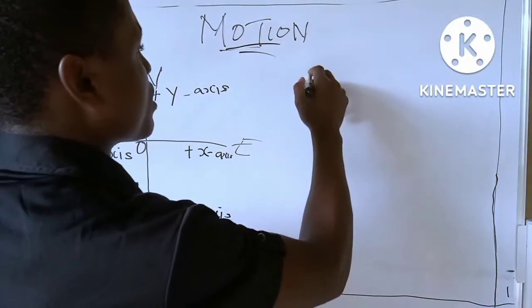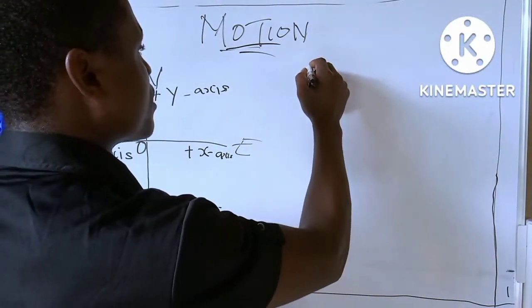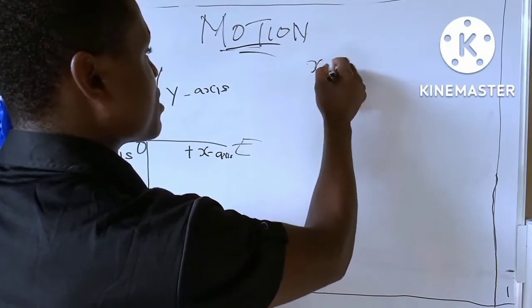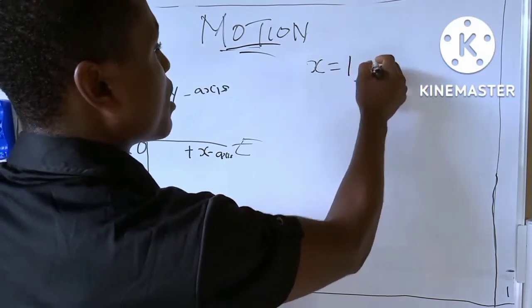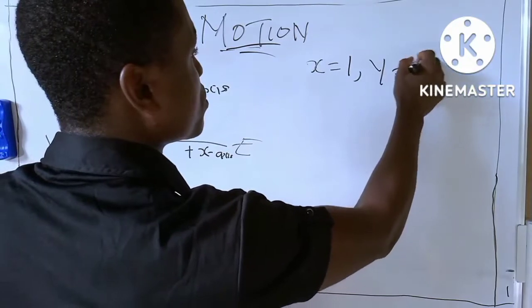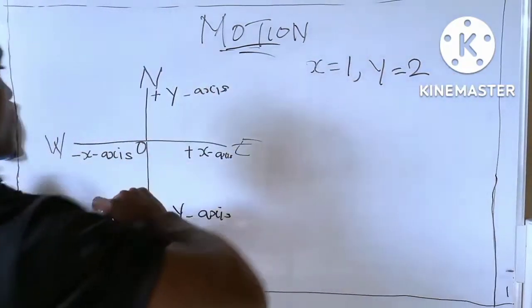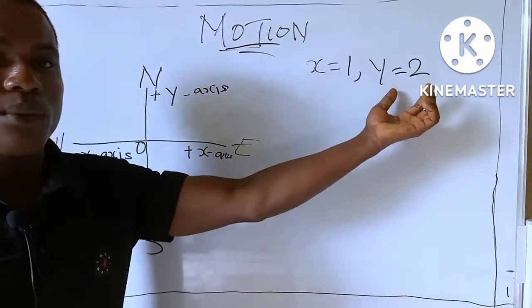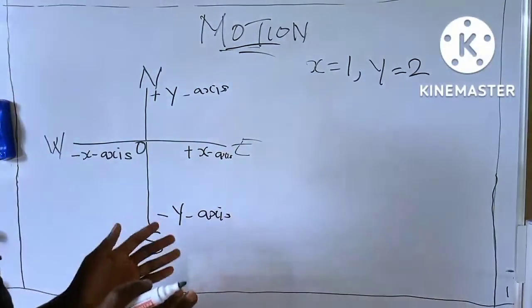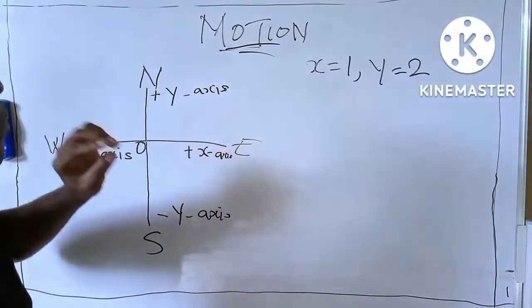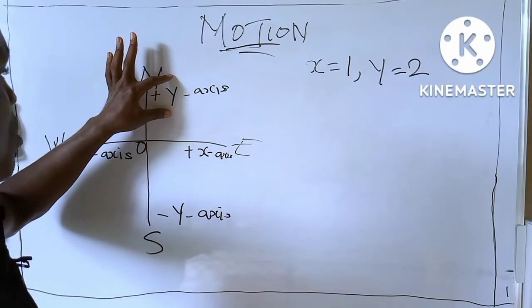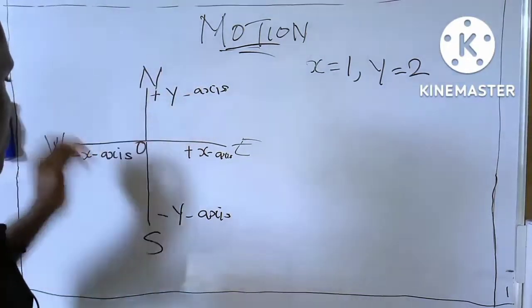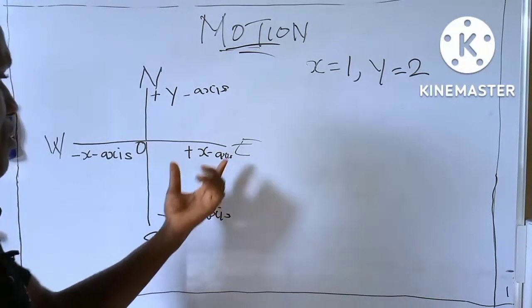Let's say x equal to 1 and y equal to 2. We know here is positive, and the downside is negative.